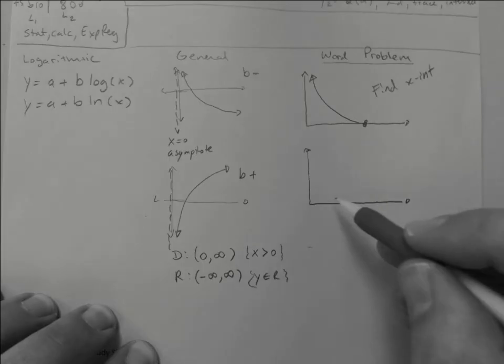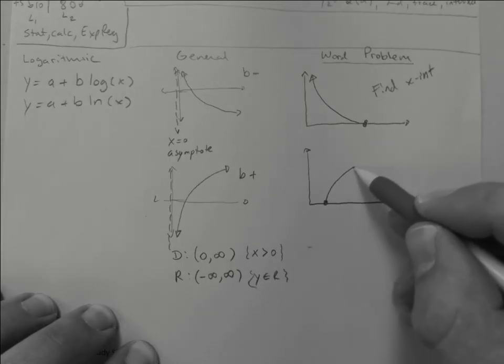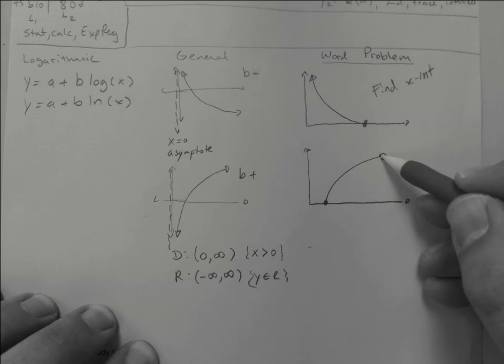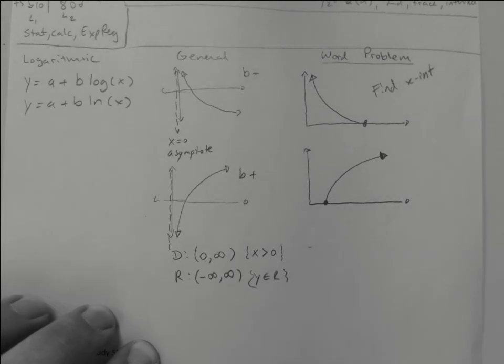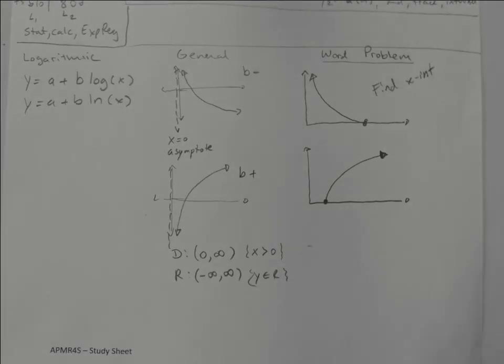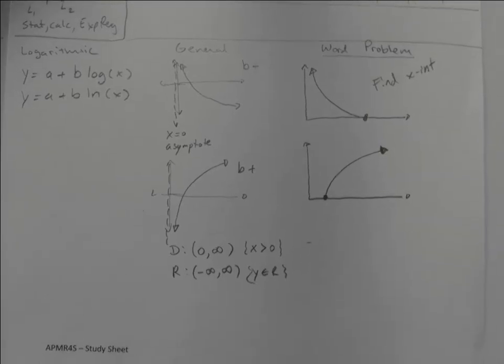If b is positive, the end behavior again. Forgot it again. What's the end behavior for the logarithmics in general?